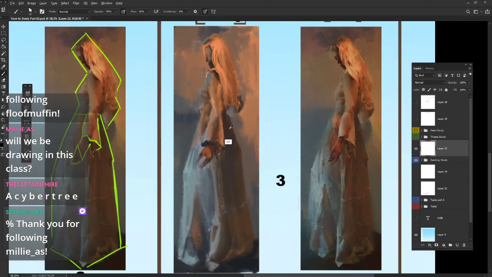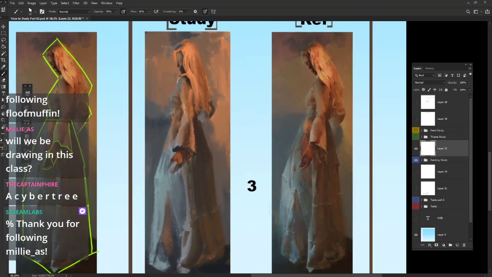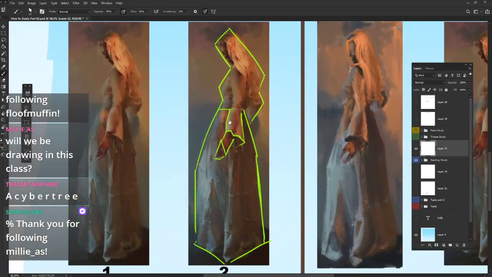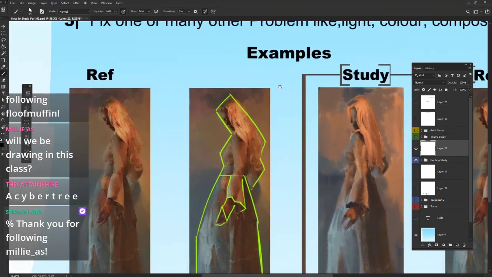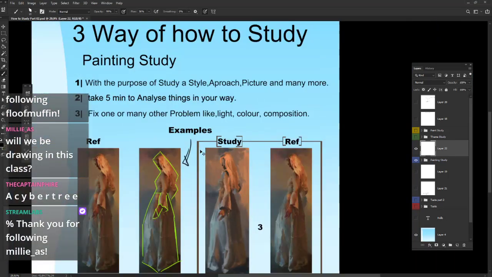It took me about 1 hour and 30 minutes. I just tried to paint straight up and focus on the colors first, then later fix the forms, and then simplify it. But first, don't forget, break it down. This is one way to study.